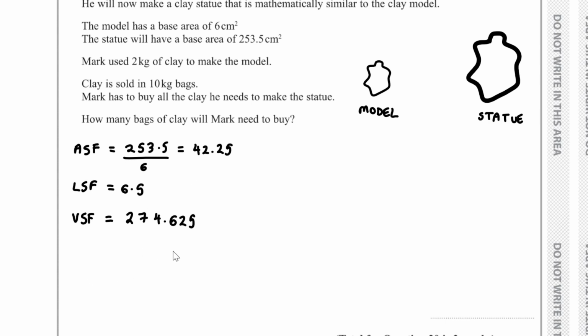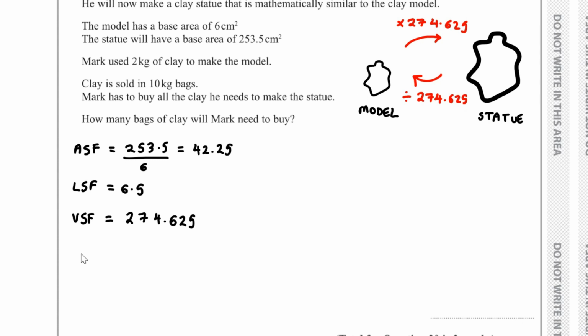So how does this help us? Well, for the statue, we can find out how much clay he needs. So of course, to go from here to here, we need to multiply by 274.625, and here to here, we've got to divide by 274.625.